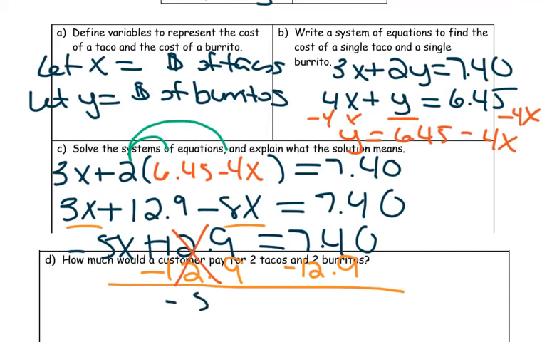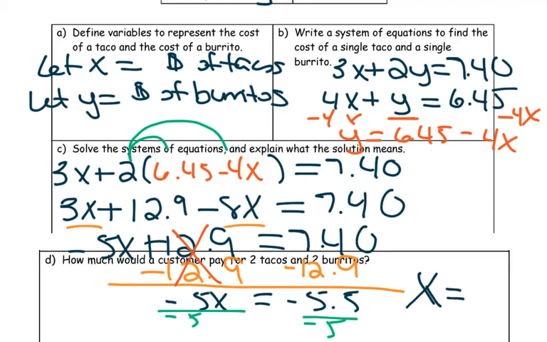And I have negative 5x equals 7.40 minus 12.9, and that would give me negative 5.5. Divide everything by negative 5, and I'm left with x is equal to 1.1.